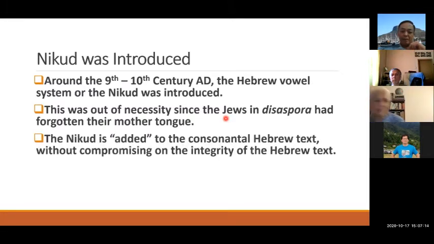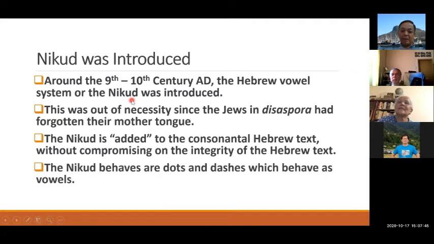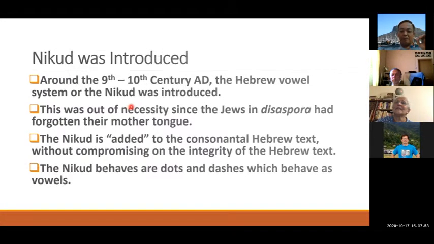All these vowels were added into the consonantal Hebrew text because the Hebrew Bible was basically written with just the consonants, and in order to preserve that Hebrew text without changing or altering any letter of the text itself, that's why they added in this Nikud.